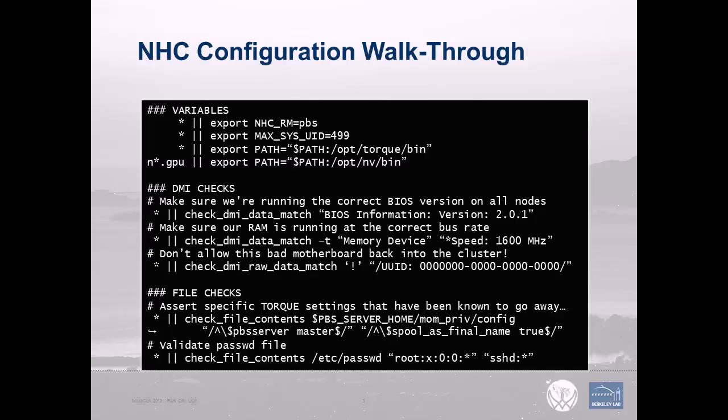So we have two different options for checking the dmidecode data. And the reason we have two is because one of them is intelligent but takes longer. The other one is dumb but is very fast. One of the things you'll notice when you work with the Warewulf Node Health Check is that I try very hard to only make you pay a penalty once if you're going to pay a penalty.